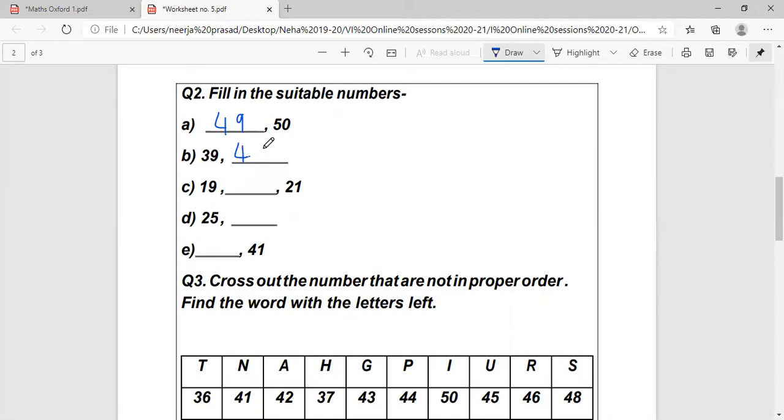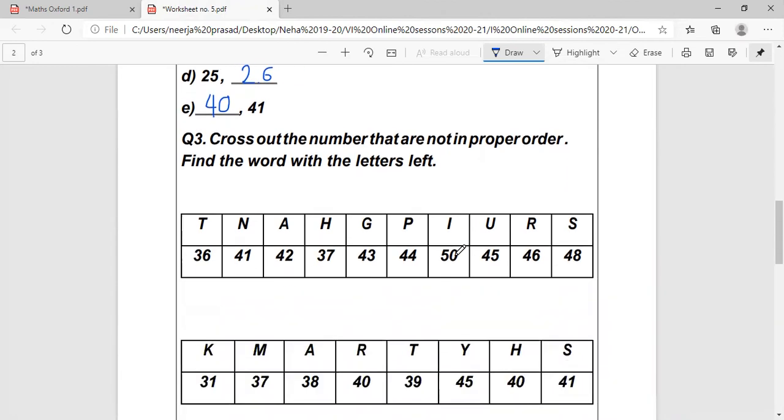This can also be asked without asking you before, after, in the form of a fill in the blanks. After 29 and before 21, 20. 25 के बाद comes 26 and before 41 comes 40. This is what we had done in the last class of before, after and between.